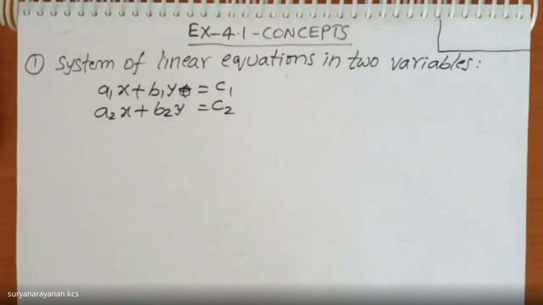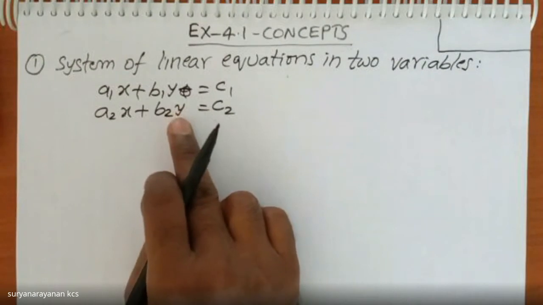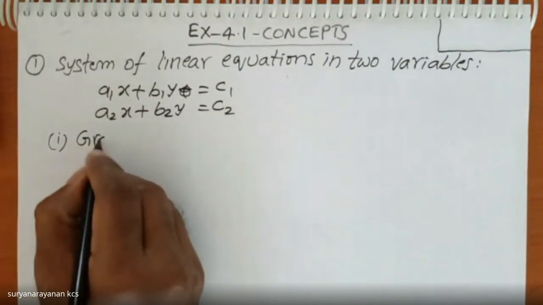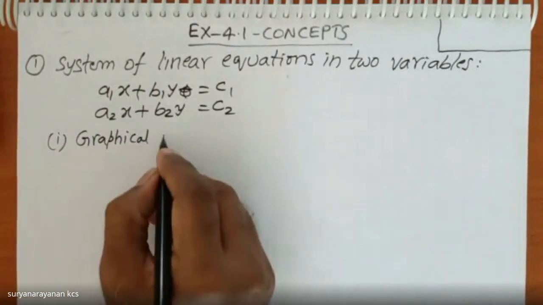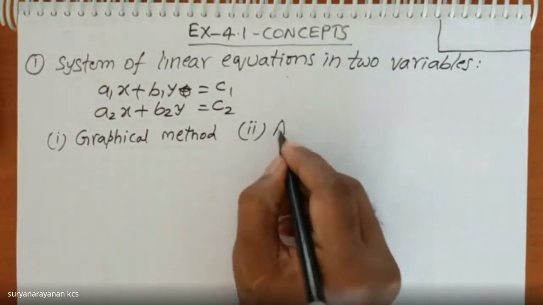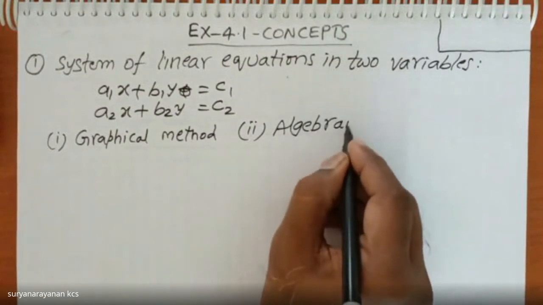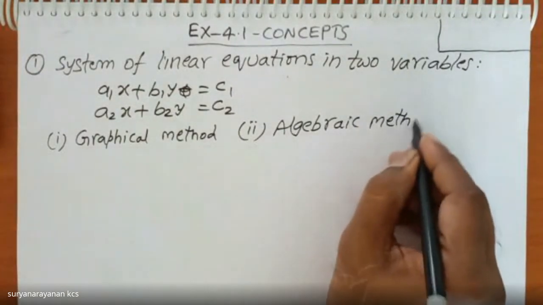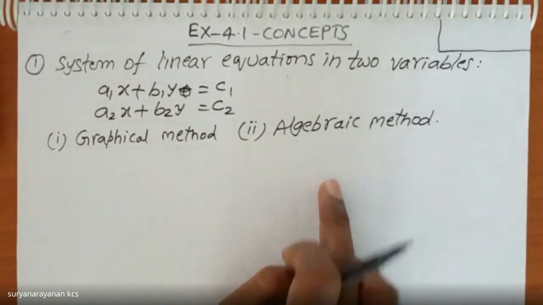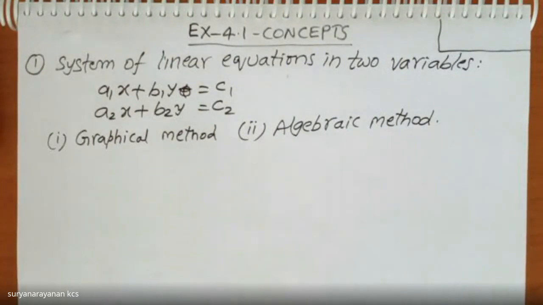In algebraic method, again there are different ways to solve a system of linear equations in two variables. First one is graphical method, and the second one is algebraic method. Again, in this algebraic method, you have studied different methods. Do you remember that one?